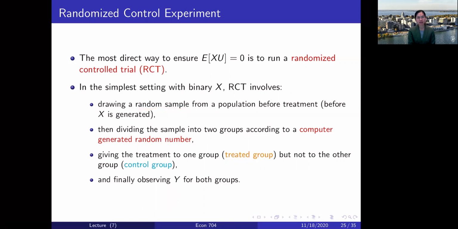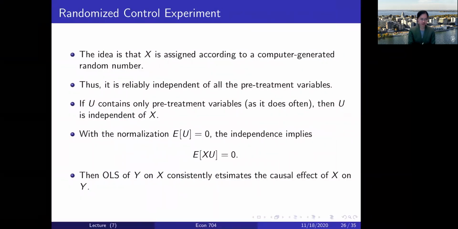In this randomized control trial, the orthogonality condition is guaranteed. The idea is that X is assigned according to a computer-generated random number, which is not correlated with any characteristics of the individuals.